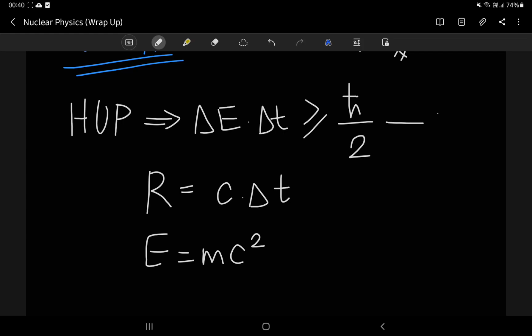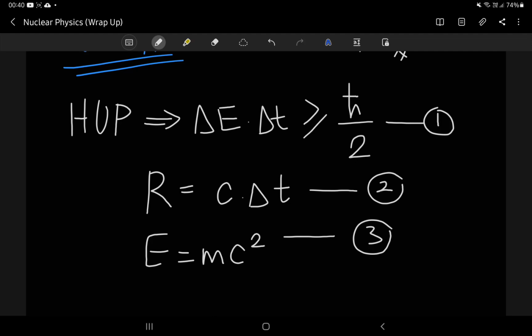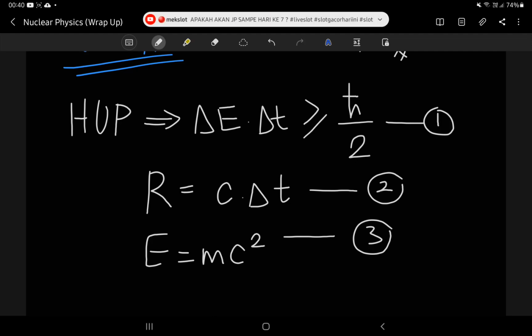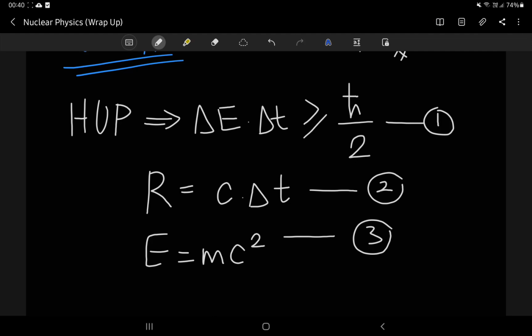So we can use these three things to find the parameter that we want. It depends basically. Okay, so these three formulas are important.